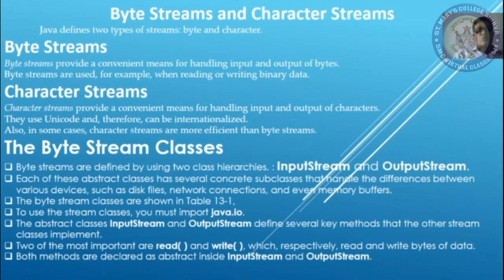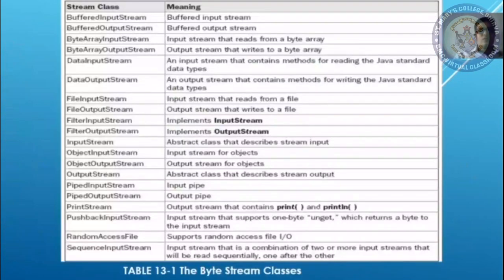Two of the most important methods are read and write, with which we respectively read and write bytes of data. Reading means accessing, writing means to store. Both methods are declared as abstract in InputStream and OutputStream. So likewise, we are using these as input as well as output.